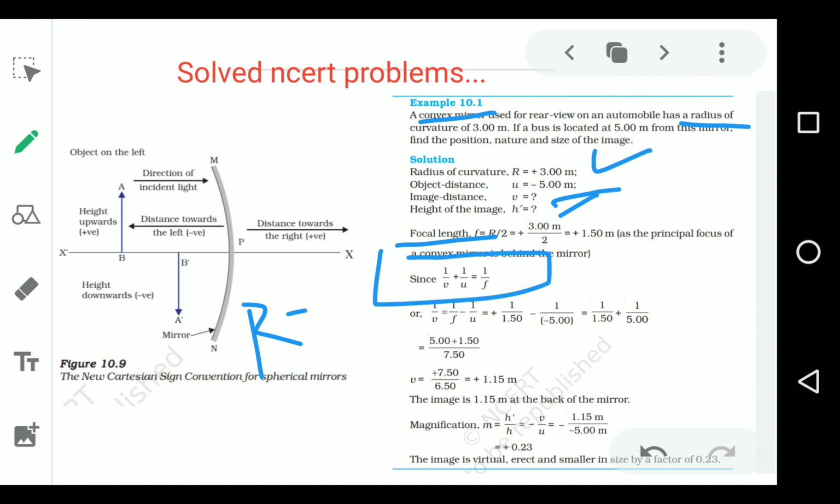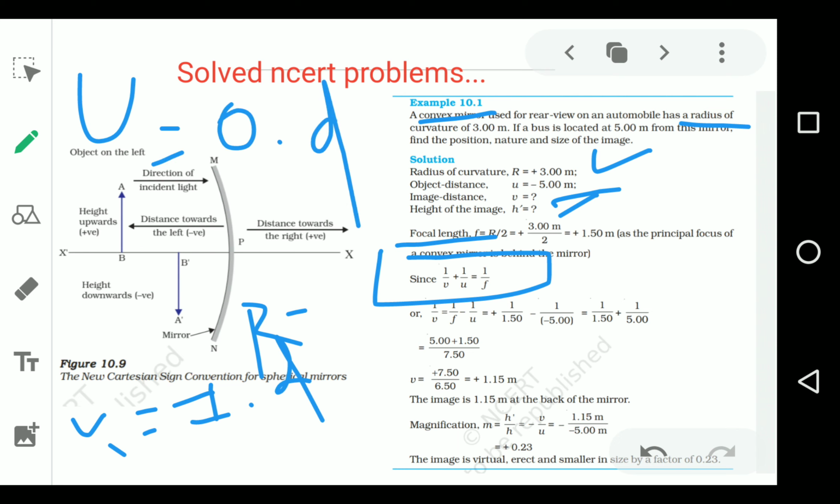Okay, v is the image distance, and u is the object distance. So they are reciprocals, 1 by v plus 1 by u. If you add the reciprocals, you are going to get the reciprocal of the focal length, that is 1 by f.